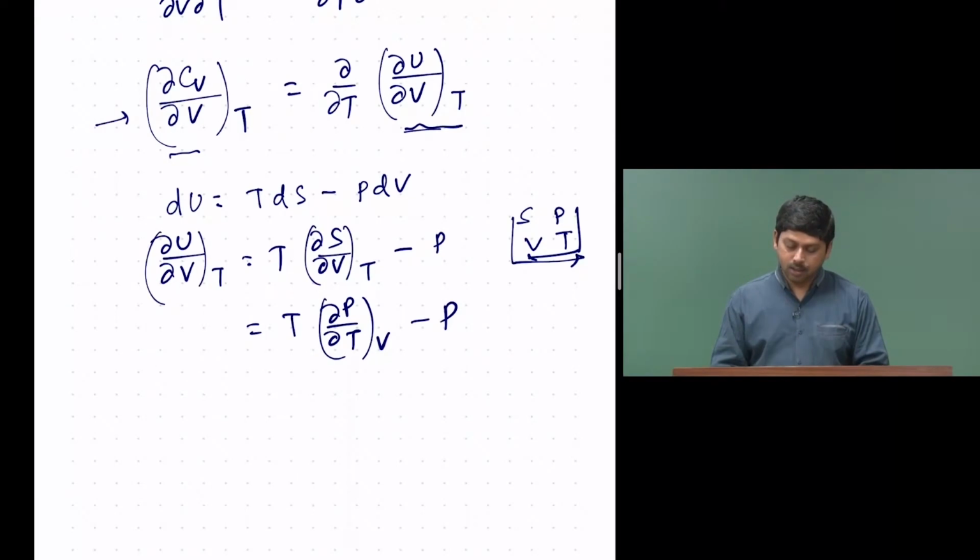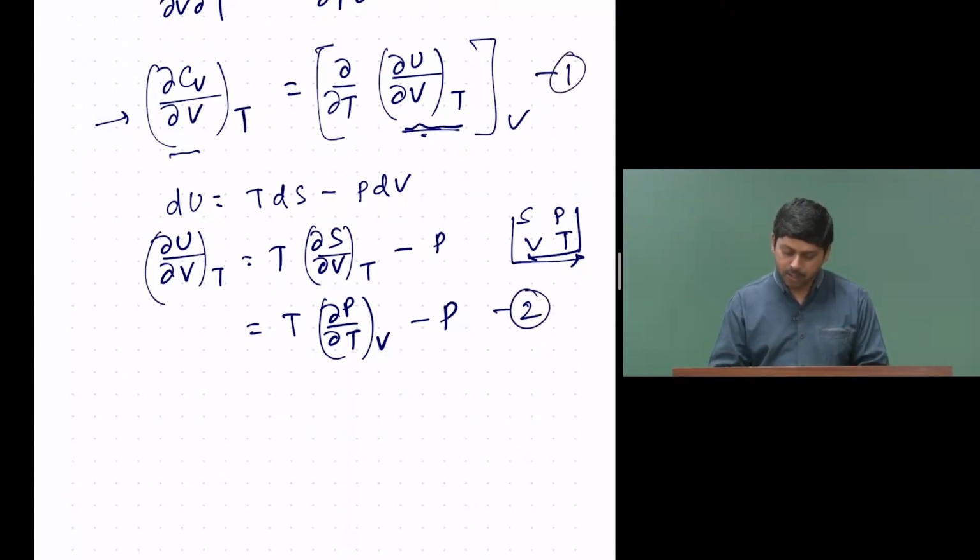So, this is the relation we get for this particular thing, and we have to do this at constant V. Let us call that equation 1 and that equation 2, and then take the derivative with respect to T on both sides.